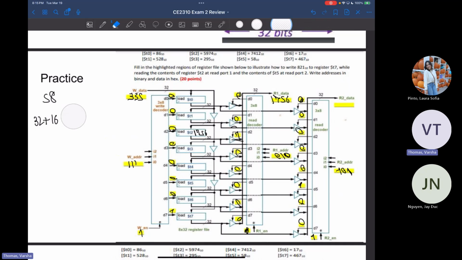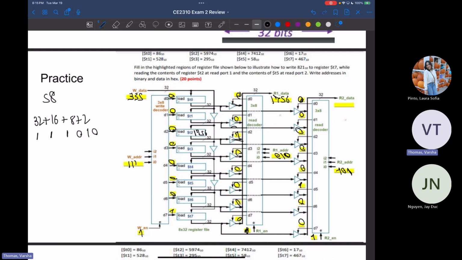That's not 58. 32 plus 16 plus 8 plus 2. Okay, that's 58. And you're going to convert that into binary. So 32, we have a 1, 16, we're going to put a 1, 8, we're going to put a 1, we don't have 4, so it's a 0, 1 for 2, and then a 0.